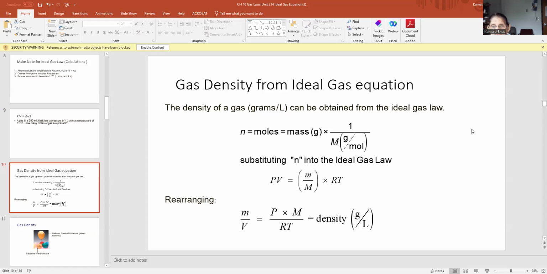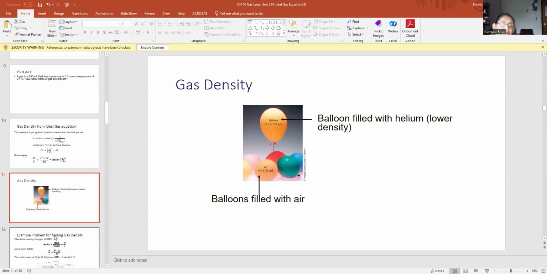On rearranging, m over V is equal to PM divided by RT, and m over V, by definition, is the density of a gas, and its units are grams per liter.